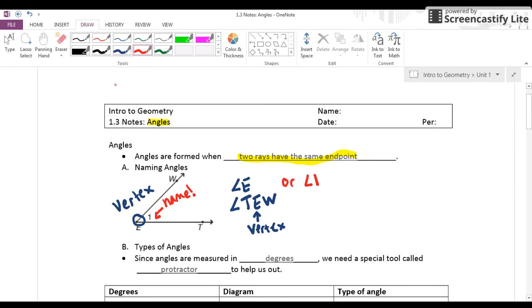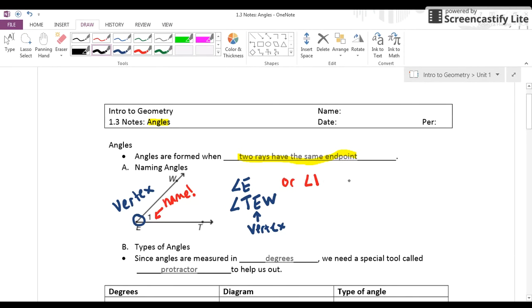Now, remember how with segments, we had the idea of the segment, the figure of the segment, and then the measure of the segment when we put number values to it, and the notation was different? Same deal here for angles. When we're talking about this angle E or this angle 1, we're talking about just the image of it. But if I want to add a measurement to it and say, well, this angle is 50 degrees or 20 degrees, we need to add a little m in front.